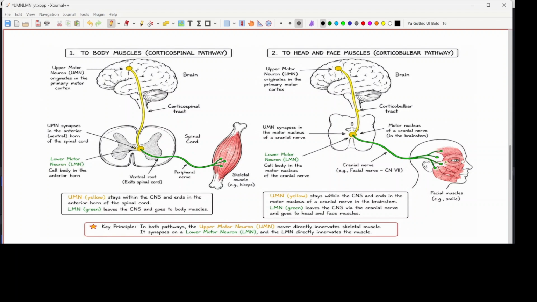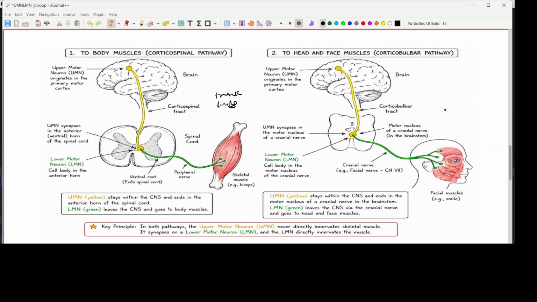Depending on which muscles are being controlled, the upper motor neuron follows two major pathways. If the targeted muscles are those of the trunk or the limbs, the upper motor neuron follows the descending pathway called the corticospinal tract to get to the synapse.